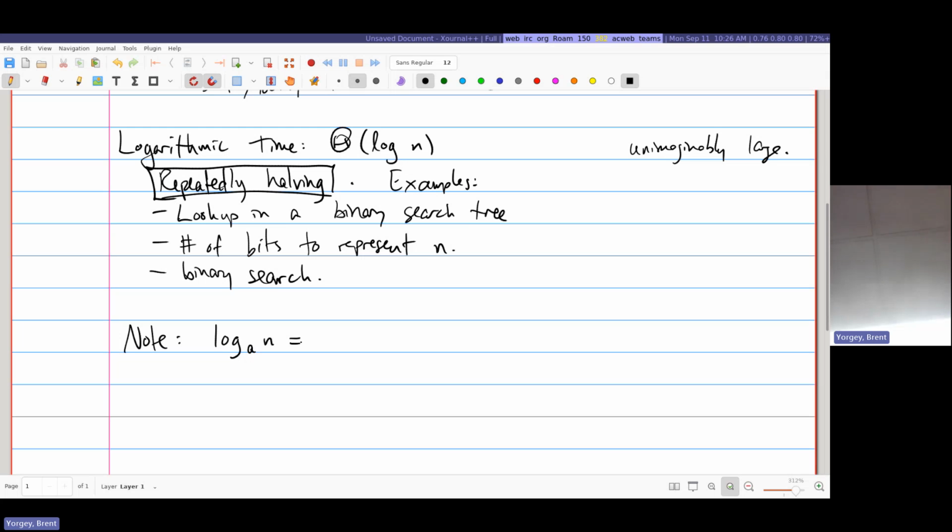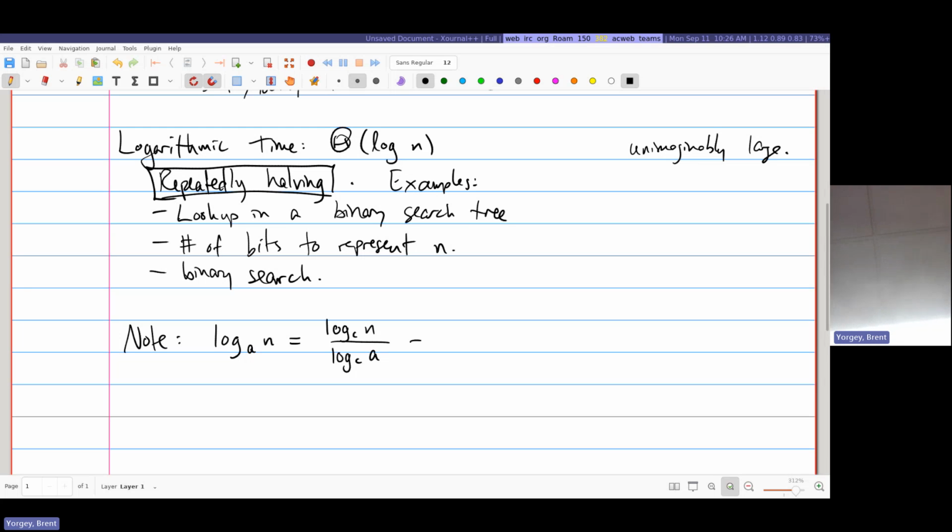Simon, you actually remember this? I actually used it in my homework. Oh, nice. It's log base C of n over log base C of A. So it doesn't matter if you remember this formula, but this formula exists, and you may remember that there was some way to convert bases between logs.